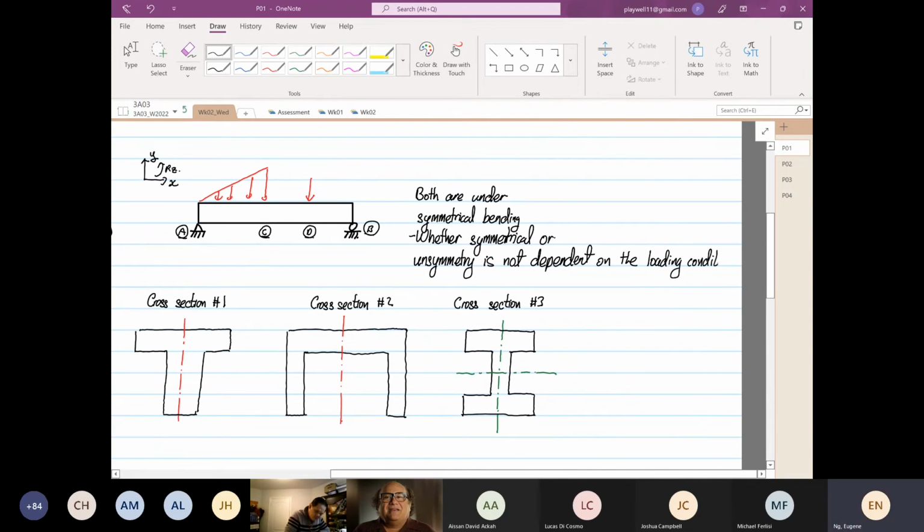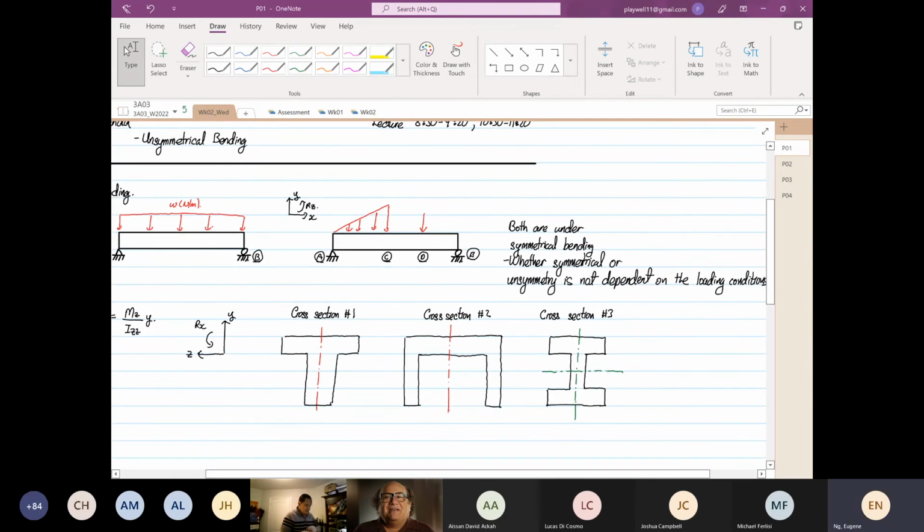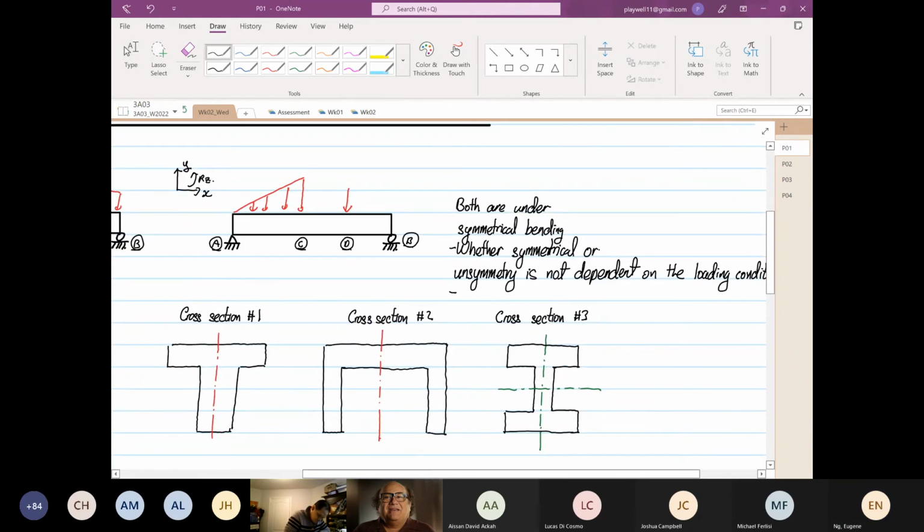So it does not matter if it is evenly distributed, gradient, or with a point load, it does not matter. Okay, but it is dependent on the applied moment.